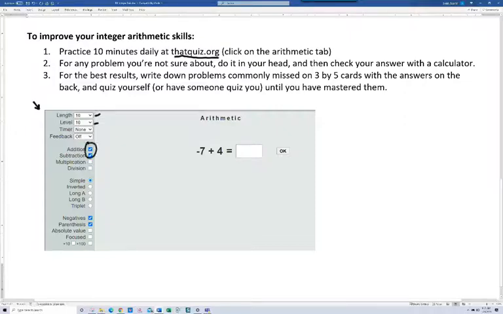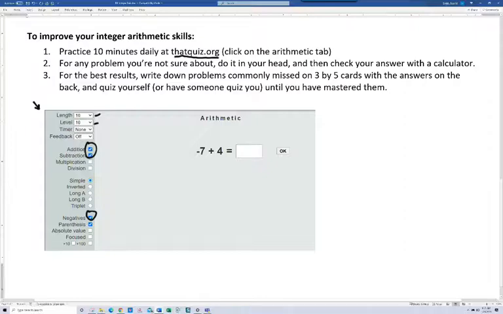And notice here I have the addition and subtraction buttons on and negatives. And so you can practice adding and subtracting negative numbers or whatever combination you want. You could even just practice your multiplication facts here. So it's a really nice app for practicing with integers. So 5 minutes a day, and if you want to get better, that'll help you get better.